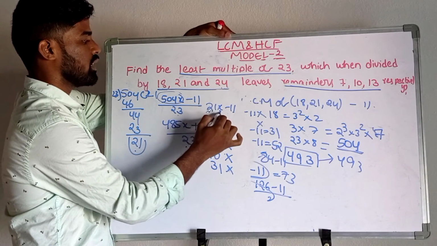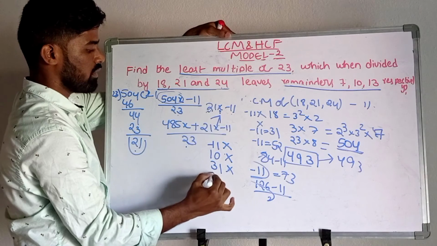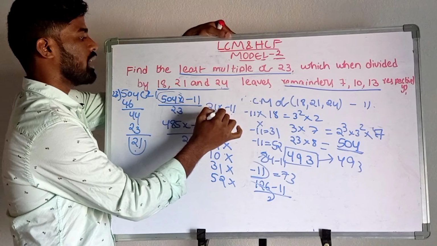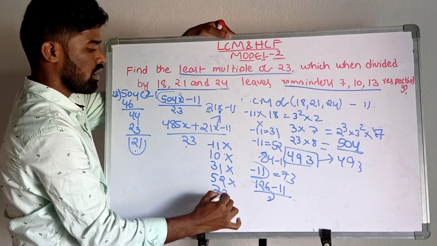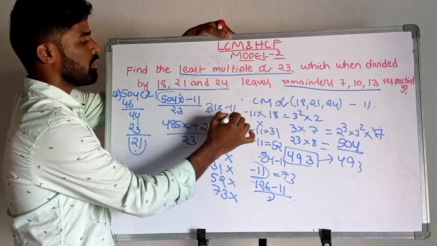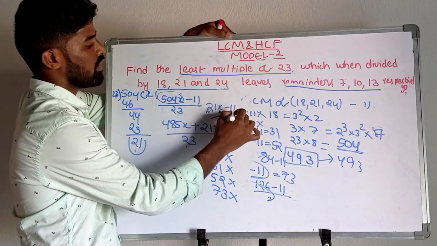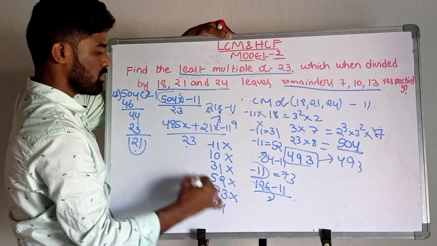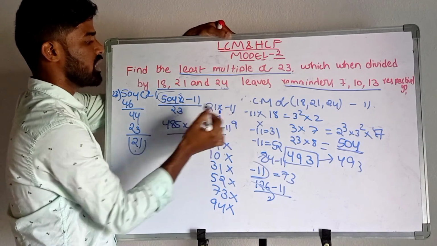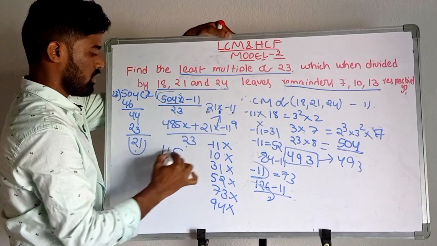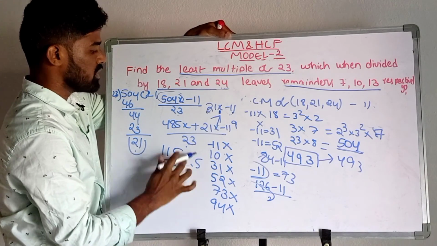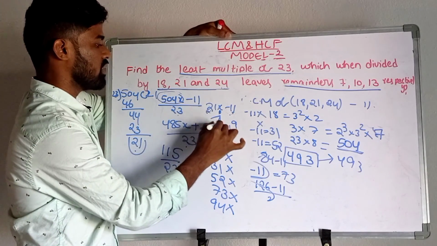Then x as 3: 63 minus 11, 52, not divisible by 23. x as 4: 84 minus 11, 73, not divisible. x as 5: 105 minus 11, 94, not divisible. Next x as 6: 21 into 6 is 126, minus 11 is 115. It is divisible by 23, 23 into 5. That means our x value is 6.